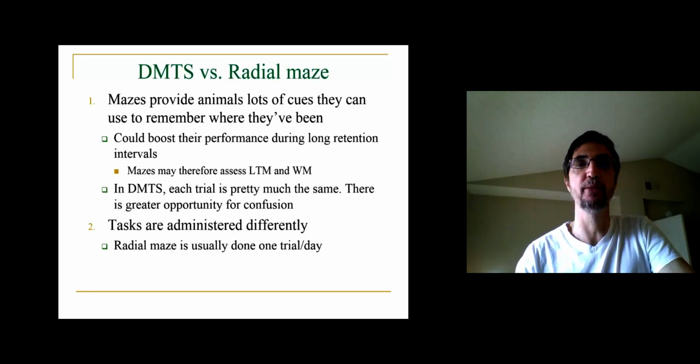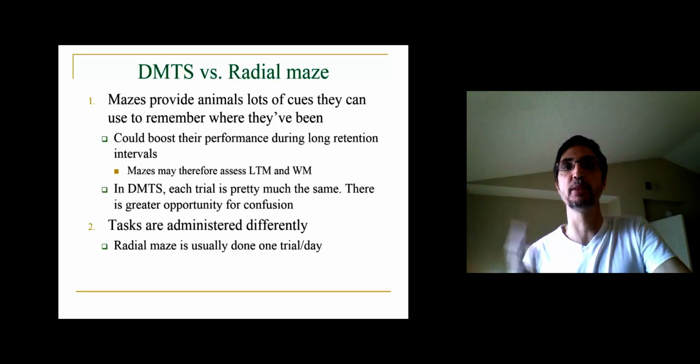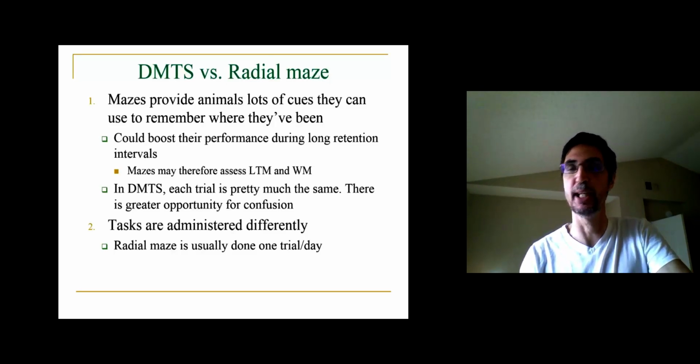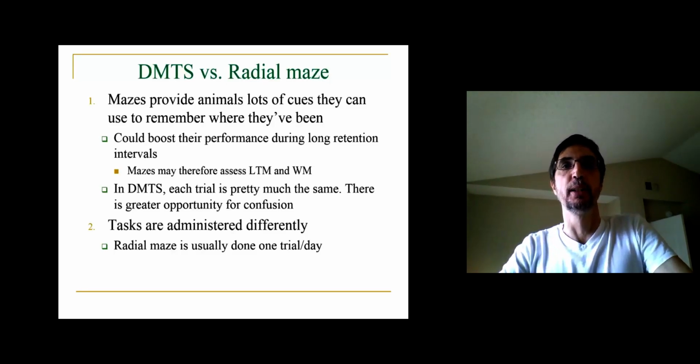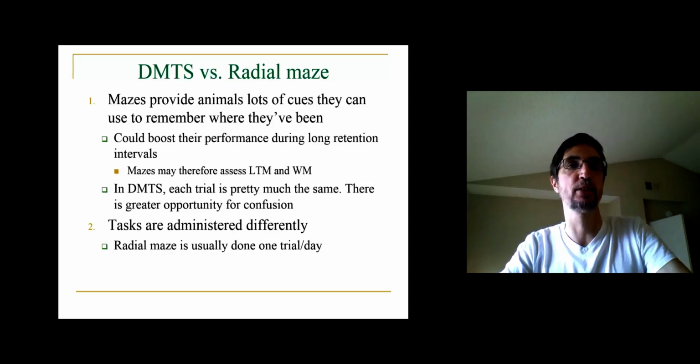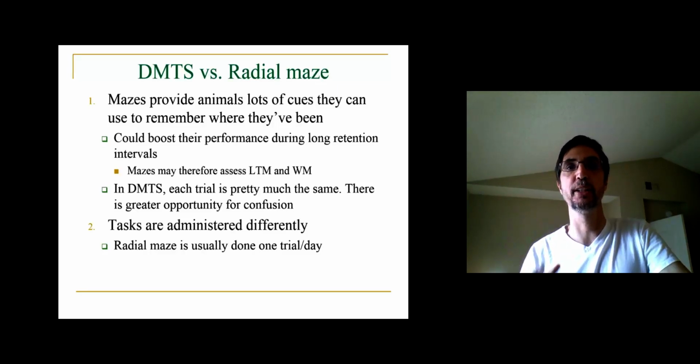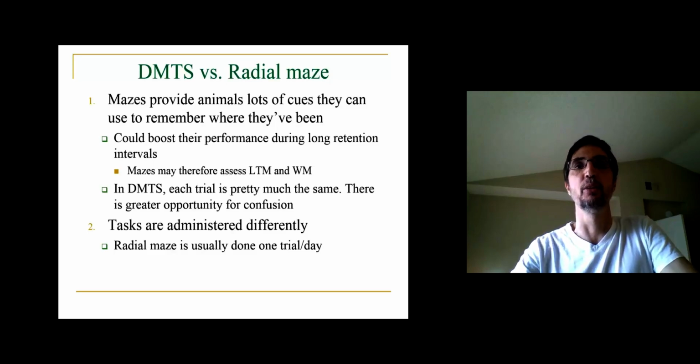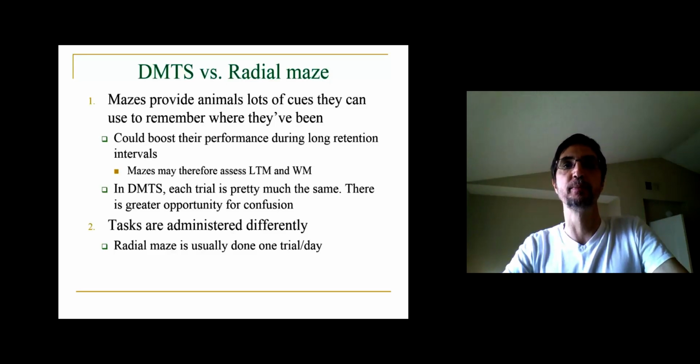Well, there are 3 main reasons for this discrepancy. The first reason is that the mazes are very different from the delayed match-to-sample task in the sense that the mazes provide the animals with lots of cues. It's a very rich environment, and all these cues can help the animal retain where they've already been.